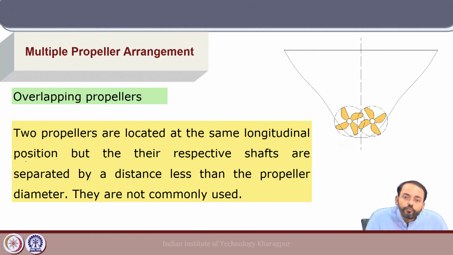Now, for an overlapping propeller set, the blades rotate in opposite directions, but they have certain disadvantages for which they are not commonly used.